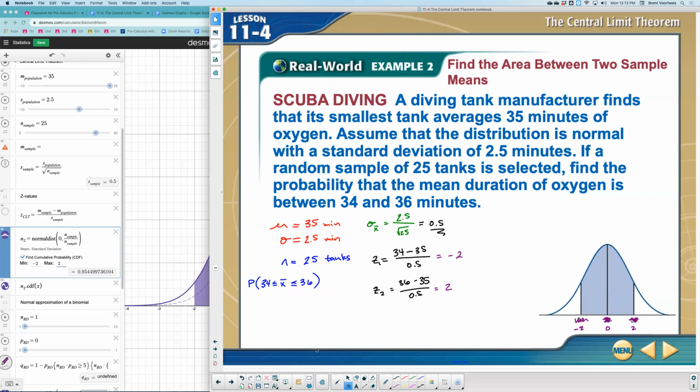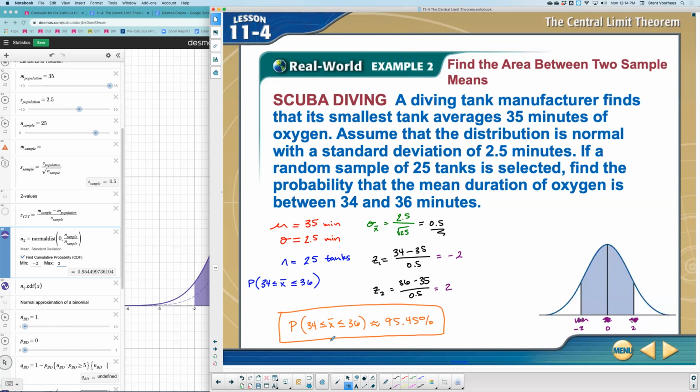I guess I rounded to 2 decimals before. I'll do the same here. This is the probability that the amount of oxygen in terms of minutes, the mean of this sample, is between 34 and 36, is approximately, that's how you would write that, 95.45%, which is a really good shot. That's a really good chance of having that mean there.